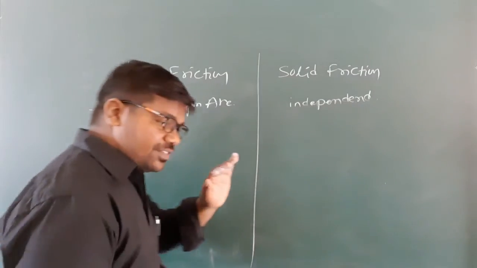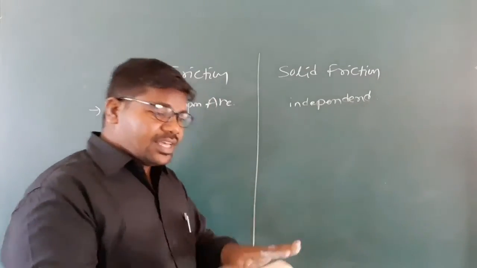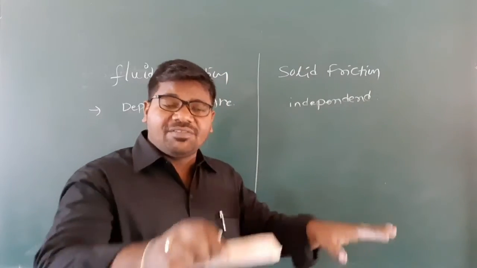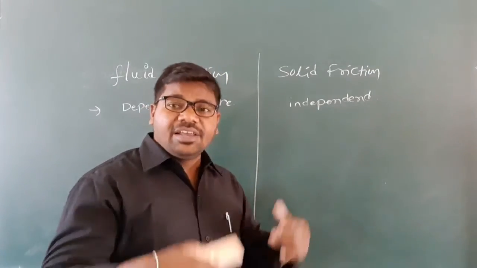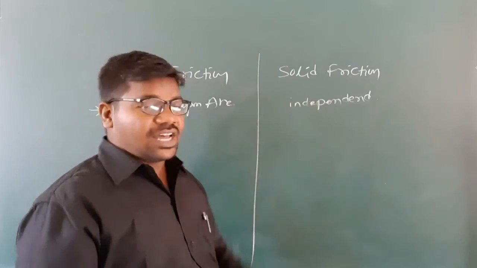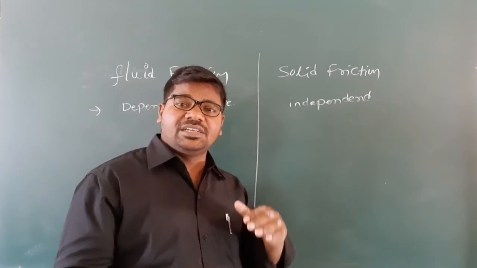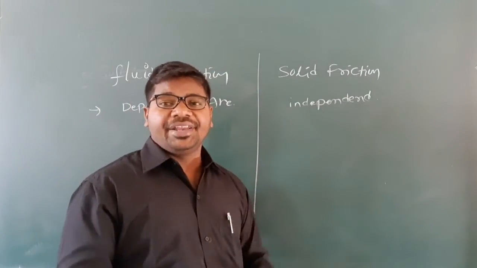So fluid friction depends upon the area of the fluid layer. If the area of the fluid layer increases, the friction also increases. In the case of solid friction, it does not depend upon area.